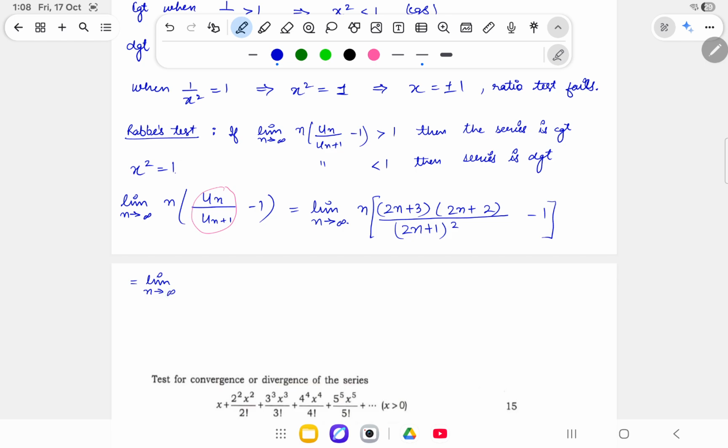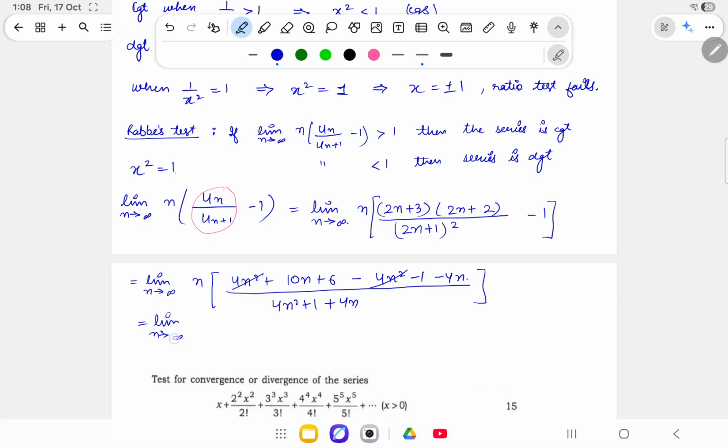This value turns out to be the limit as n approaches infinity of n times (4n square plus 10n plus 6 minus 4n square minus 1 minus 4n) divided by (4n square plus 1 plus 4n), and it simplifies to the limit of n times (6n plus 6) divided by (4n square plus 1 plus 4n).